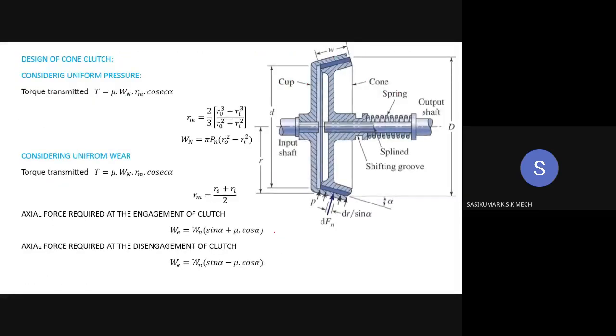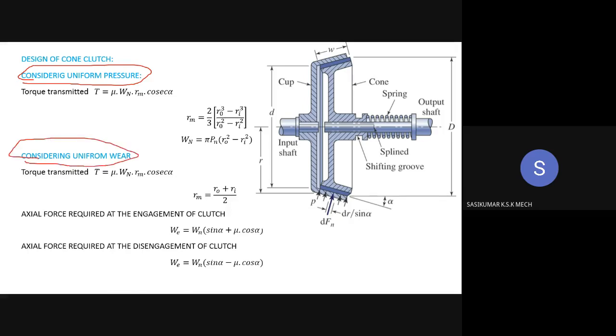So the formula for both plate clutches and cone clutches are same, except that you have a trigonometric term called sin alpha or cos alpha. This relation you have already seen. So the clutches should be designed based on either uniform pressure or uniform wear.